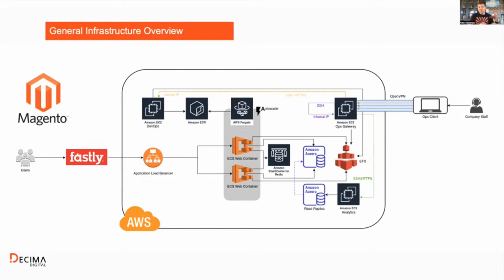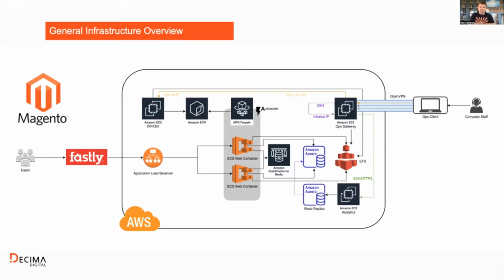So on the top, we usually have CDN solution. Magento recommends Fastly CDN as soon as it is natively integrated into Magento platform. It handles all static and public content. If no cache, Fastly CDN bypass request to load balancer. Load balancer uses some balancing algorithm to send traffic to corresponding web containers. Web containers proceed request with Nginx and PHP FPM.